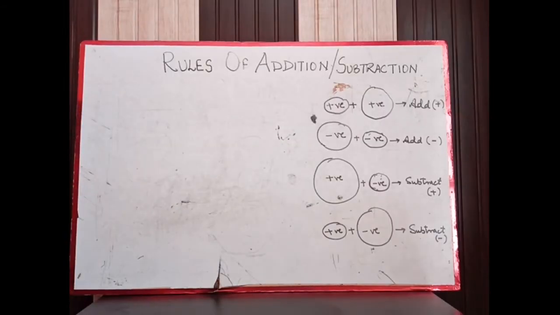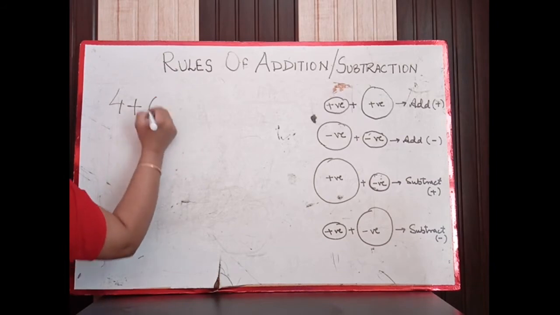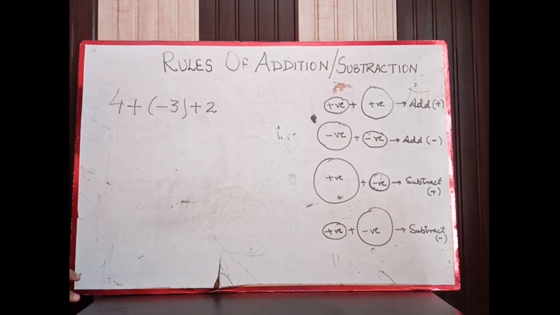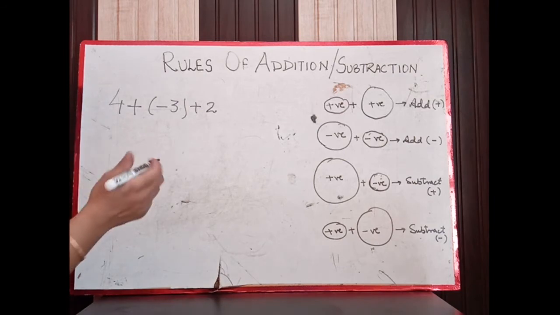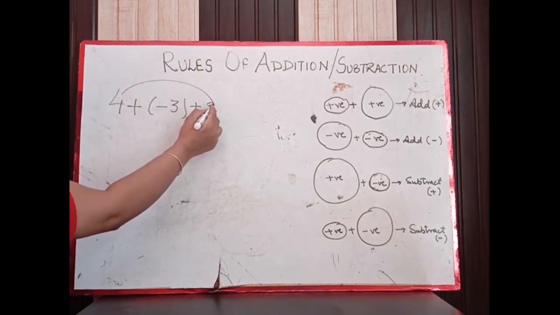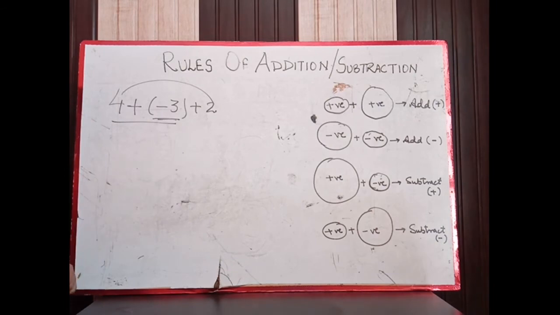Now let's talk about the rules of addition and subtraction of integers. Whenever we have to add, if 3 integers are given for addition, we cannot add all 3 together. The step is to first take 2, add these, and their result will be added with the third. We can take any 2 and the result will be added to the third. In any case, we have to add 2 first and then add the result.